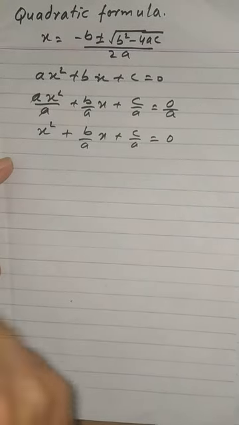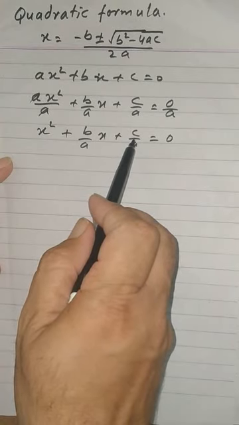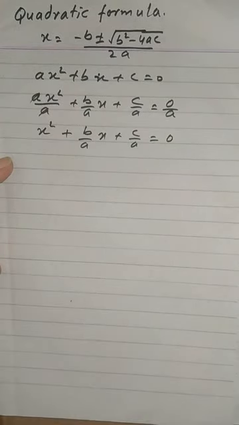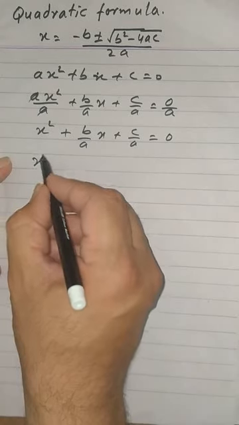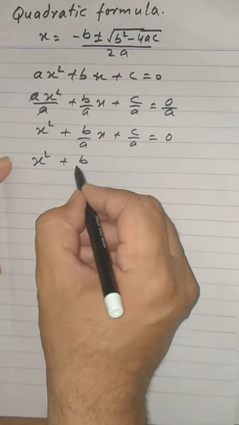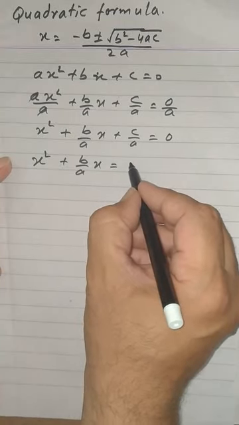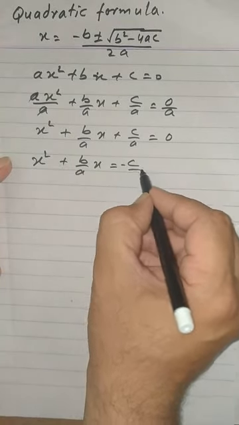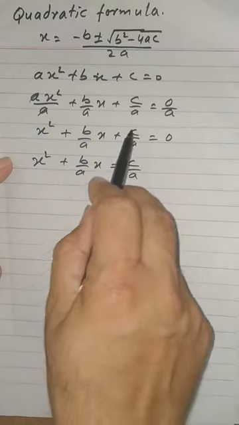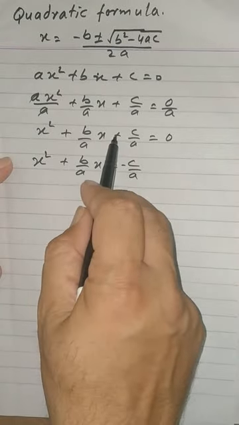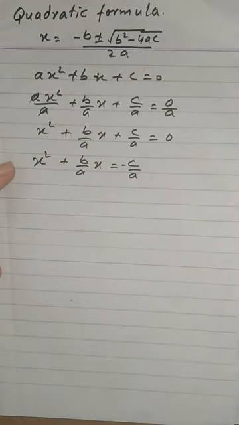Now the next step is to shift this constant term to the right side. So we can write x square plus b by ax equals minus c by a. When this c by a comes to the right side, its sign will be changed.